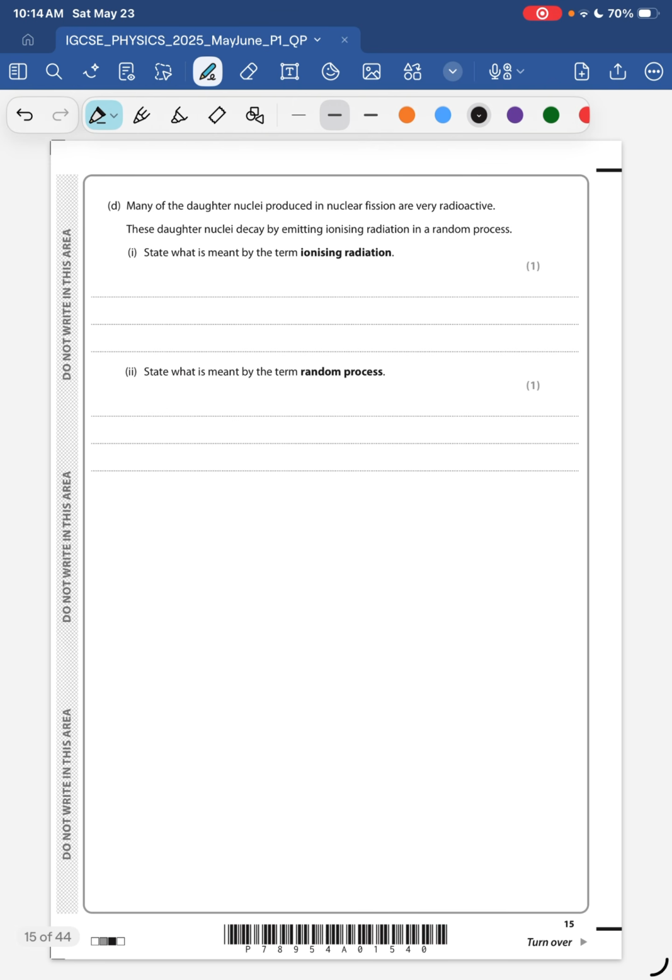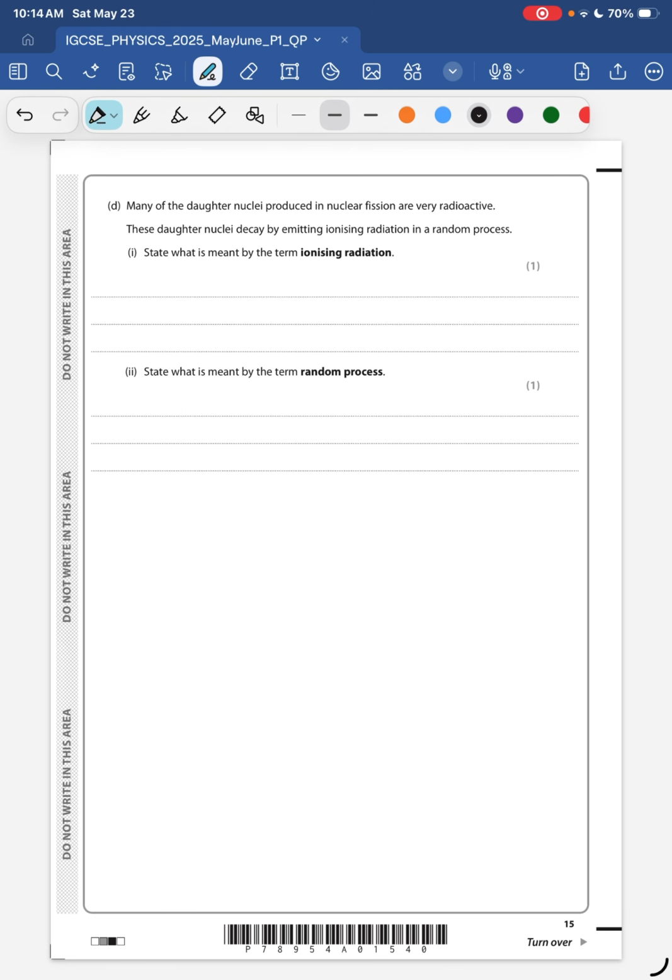Let's move on. D. Many of the daughter nuclei produced in nuclear fission are very radioactive. These daughter nuclei decay by emitting ionizing radiation in a random process. State what is meant by the term ionizing radiation.